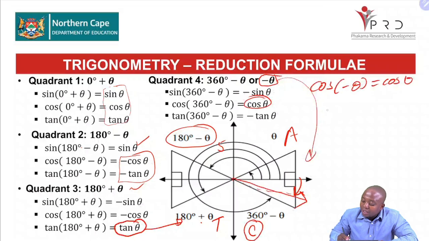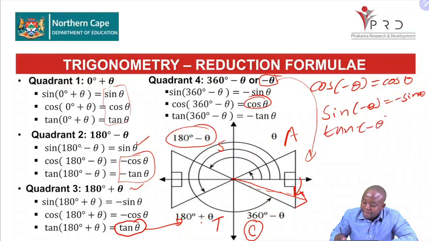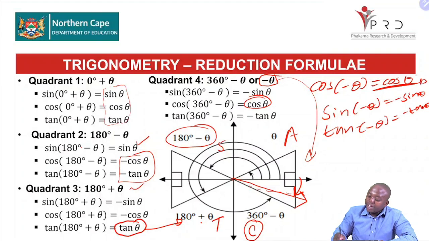But sine of a negative angle becomes negative sine theta, and tan of a negative angle becomes negative tan theta. So cos is positive with the negative angle as it falls on the fourth quadrant.